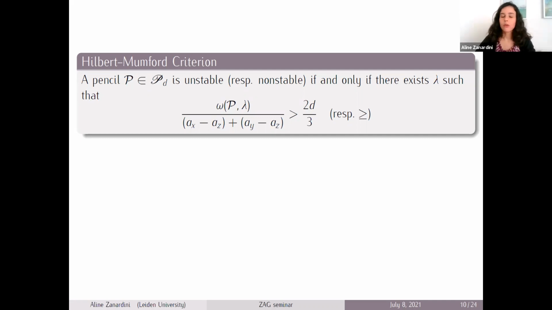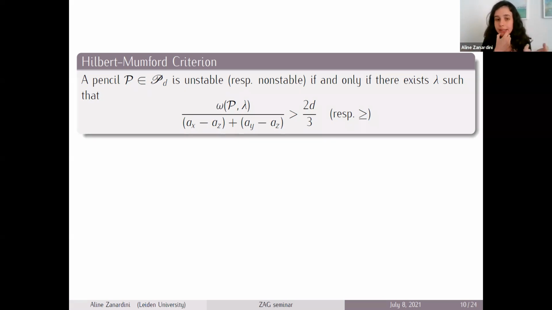Okay, now observe that the group G not only acts on the space of pencils, but it also acts on the space of curves. So I can also look at the stability of the curves that lie on my pencil.